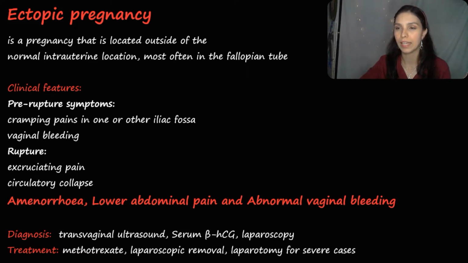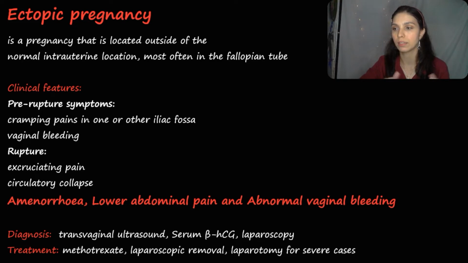If it's less than 2000 international units per liter, you have to repeat it every second day to see if it's increasing as expected in a normal intrauterine pregnancy. Transvaginal ultrasound can diagnose at 5-6 weeks.